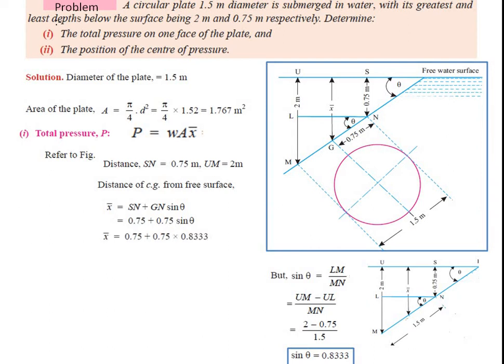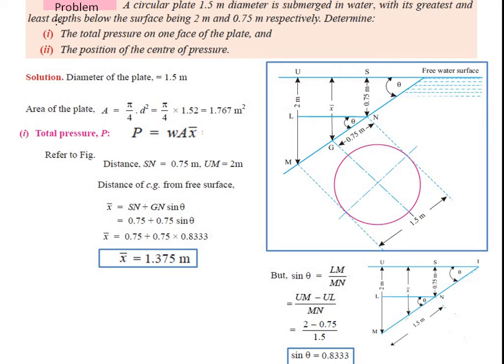So x bar can be given as 0.75 plus 0.75 into 0.833. So x bar can be given as 1.375 meter. This is the only important step, how to calculate the x bar here. Once you know the value of x bar, again the total pressure P can be given as W into A into x bar.